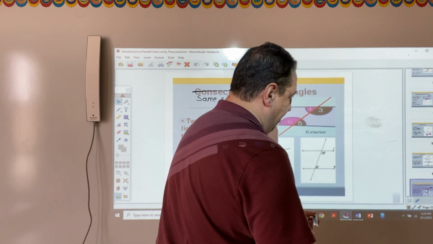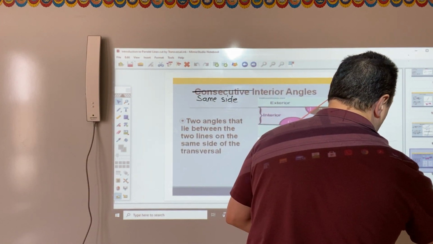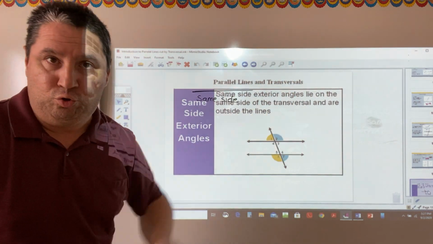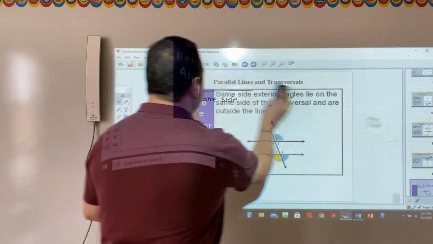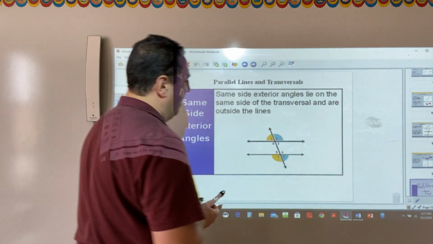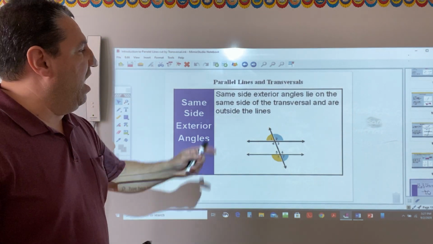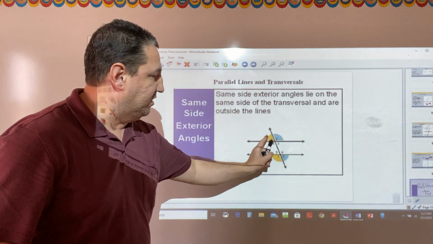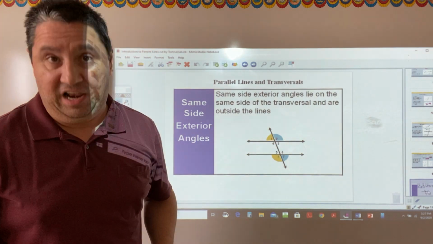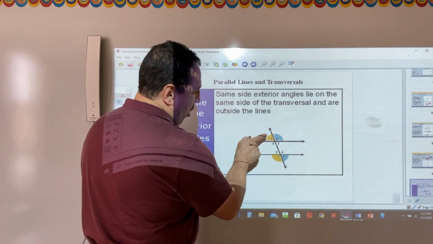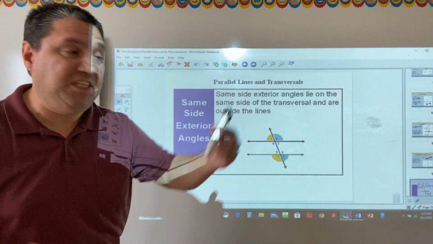The last type of angles formed by two parallel lines cut by a transversal are same side exterior. Same side exterior angles lie on the same side of the transversal and are outside the lines. For example, 1 and 8 are same side exterior.